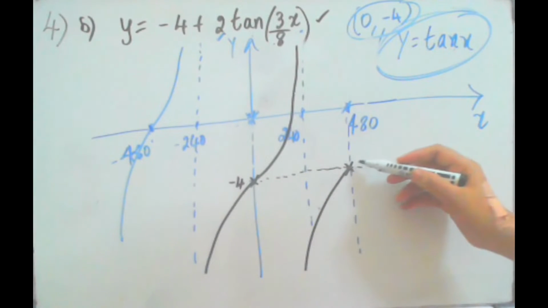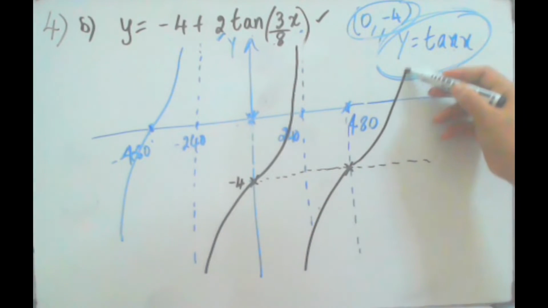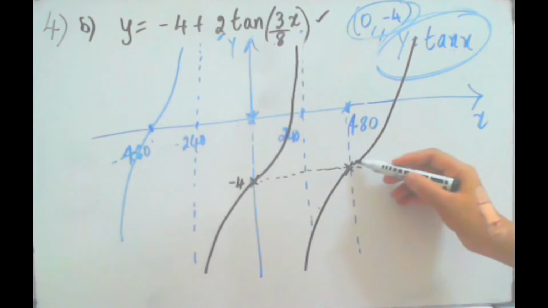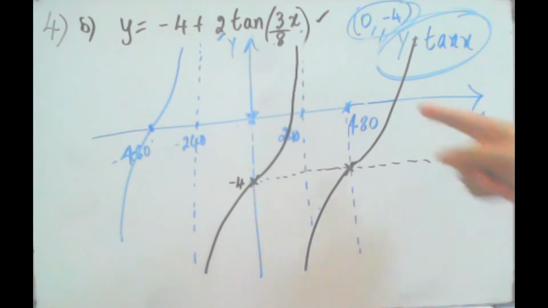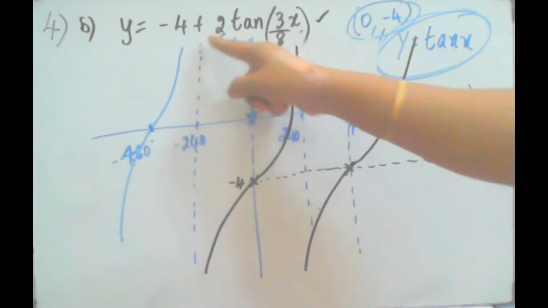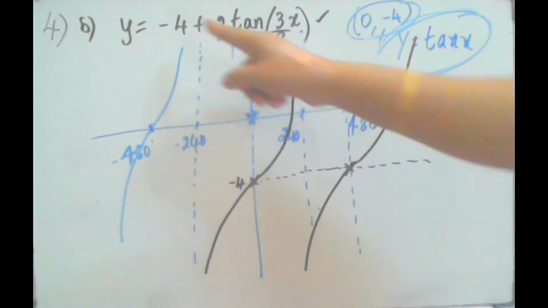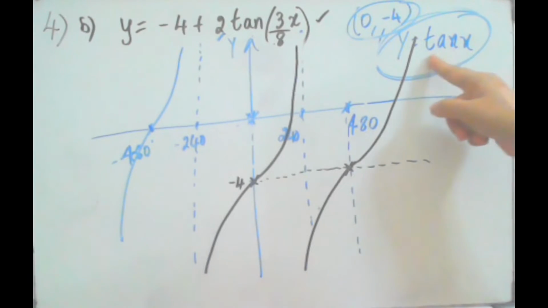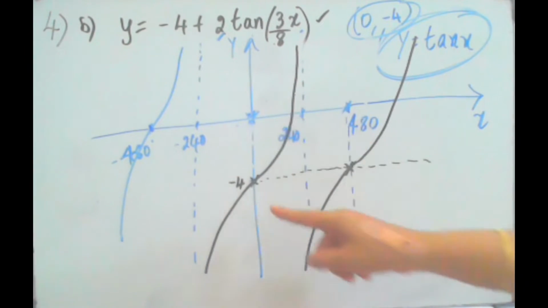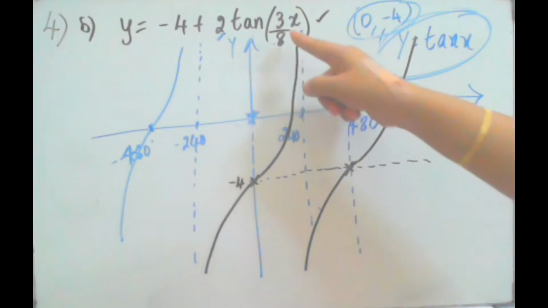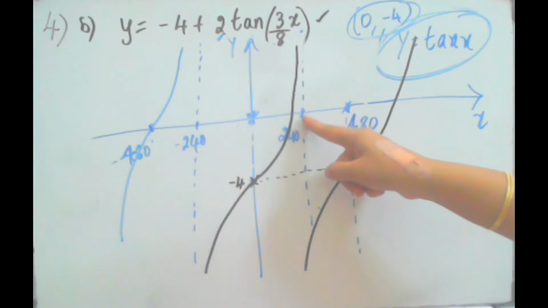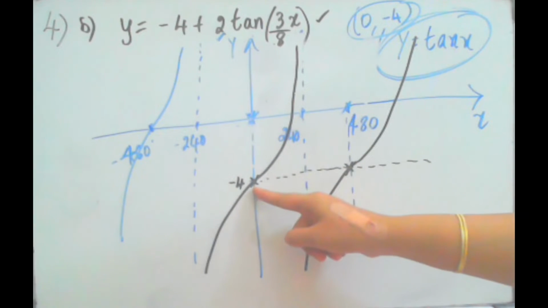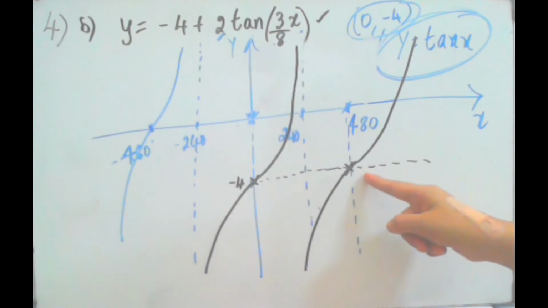This shape repeats, and then it repeats like this. So this is how the graph of this given expression is. It is cutting the y-axis at -4, whereas with just tan x it was cutting at 0. That is one difference. The second difference is the 480 degree period. So this is 240, this is 480. Instead of cutting exactly on the x-axis, it cuts at the y equal to -4 line.